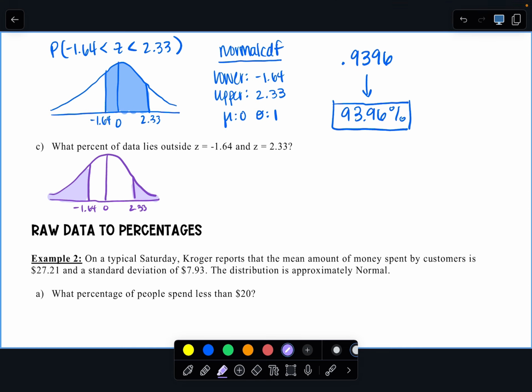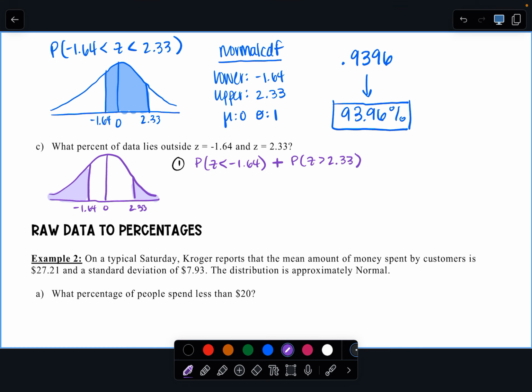You have two options for this type of problem. One is to take the probability that z is less than negative 1.64 and add it to the probability that z is greater than 2.33. You can find those individually and combine them together.